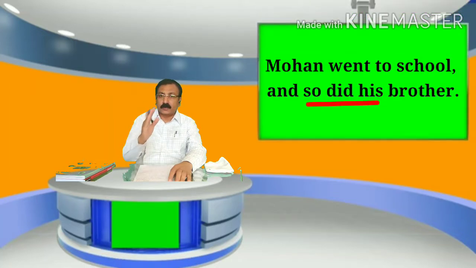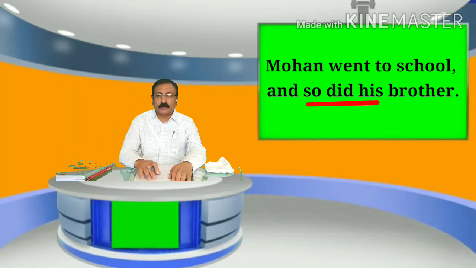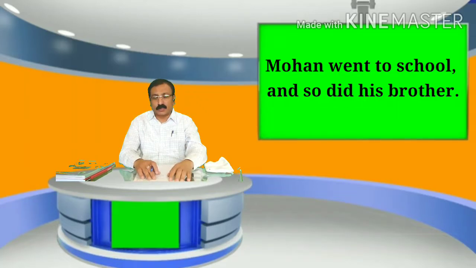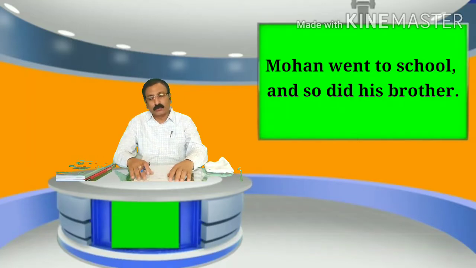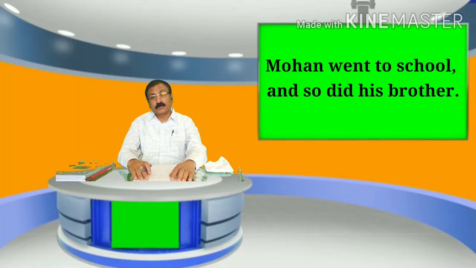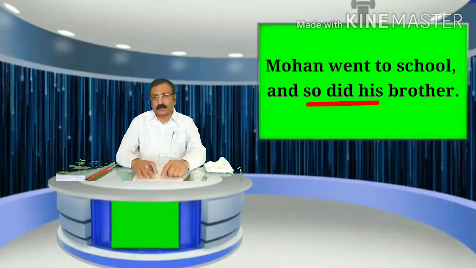If you look at the second half of this sentence, so did his brother, here also we have the figure of speech inversion, because we can also write this sentence like this: Mohan went to school and his brother also went, or his brother also too went. So this is how this sentence can also be written.